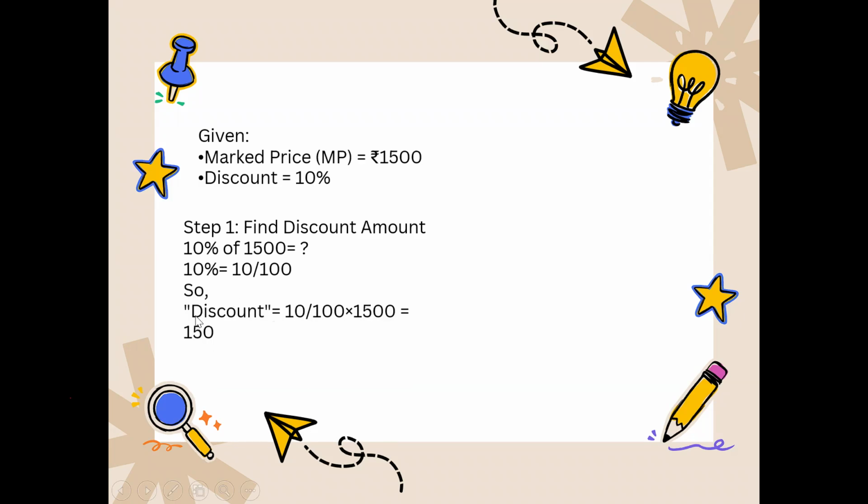So it will come as 10 divided by 100 into 1500. So these two zeros cancel with these two zeros, and 15 into 10 comes out to be 150. So what discount are we actually getting? 150. On what price? This 1500. So the discount amount is rupees 150.